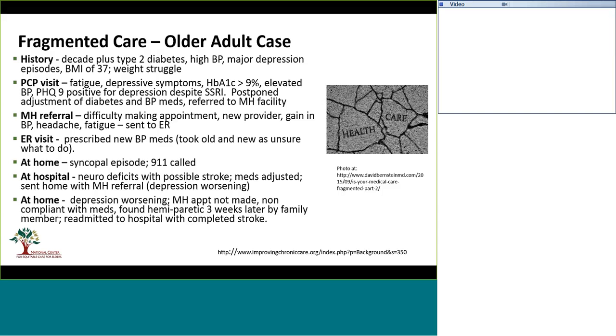And so they adjusted her medications in the hospital, her blood pressure stabilized, and the deficits cleared, and she was sent home again with an appointment to the mental health center to have her depression, which was worsening, managed.